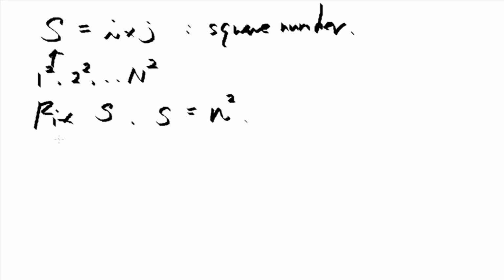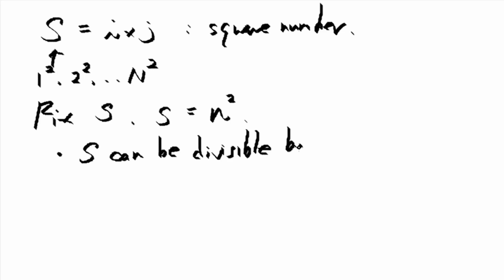We need two conditions for a proper pair i, j. The first, S is divisible by i, and the next is the quotient of S divided by i is at most n.